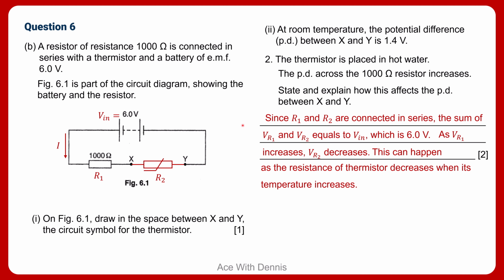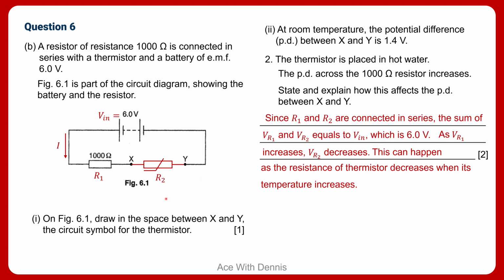Okay, I hope you understand what I explained here. As you can see from here, the resistors R1 and R2 are connected in series. So in other words, the sum of their potential differences will equal V in, which is a constant 6.0 volts. So when VR1 increases, then VR2 has to decrease, so that the sum will always be 6.0 volts.